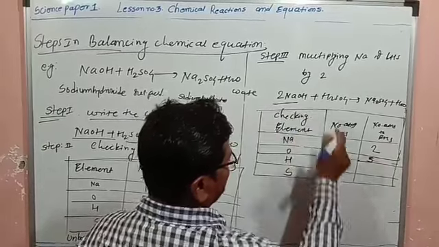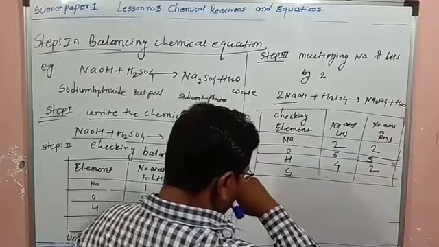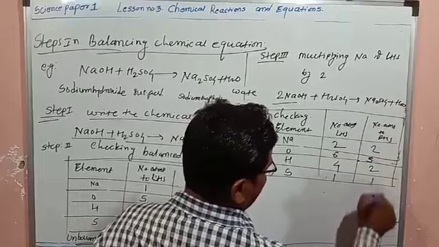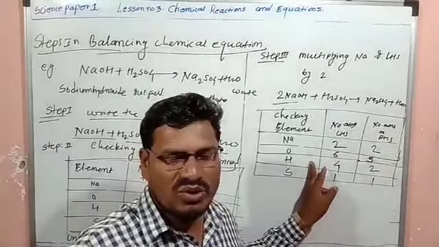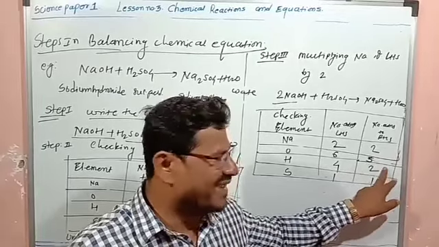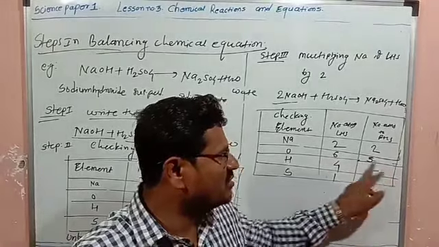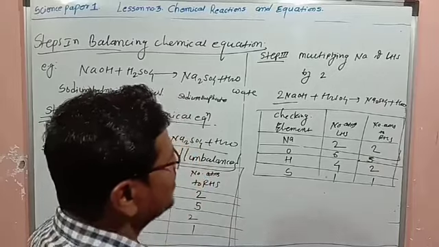Hydrogen 2 plus 2, 4, here only 2. Sulfur this side 1 and that side also 1. So the next atom, hydrogen, you can balance. For balancing hydrogen, on the RHS you have to multiply this by 2, then the numbers will become equal.